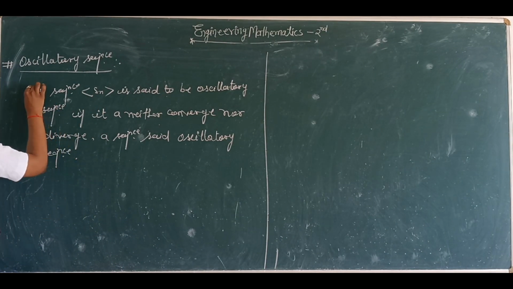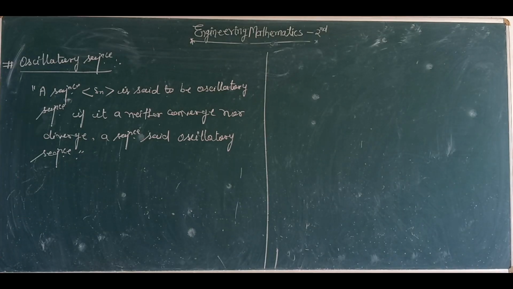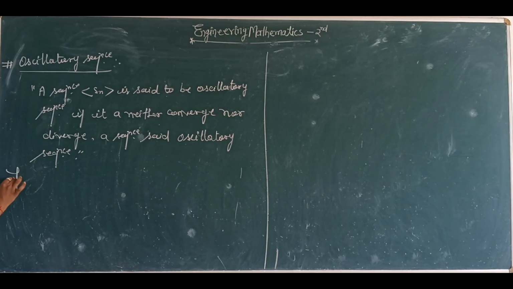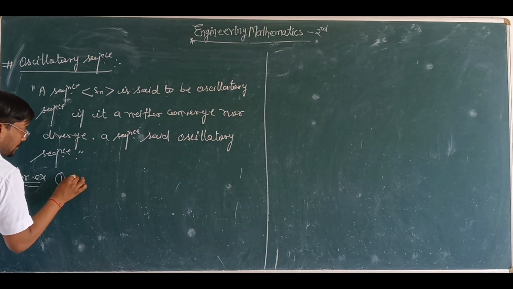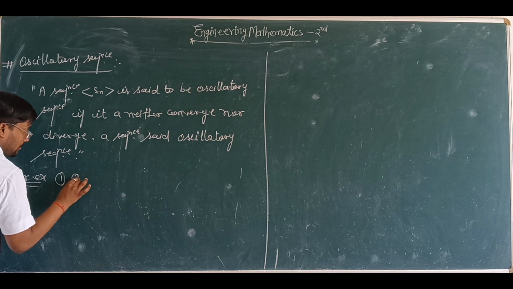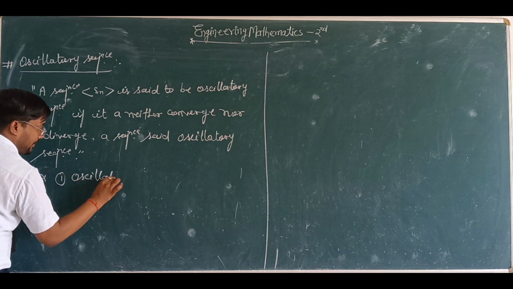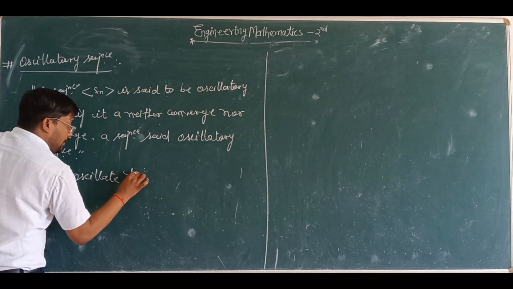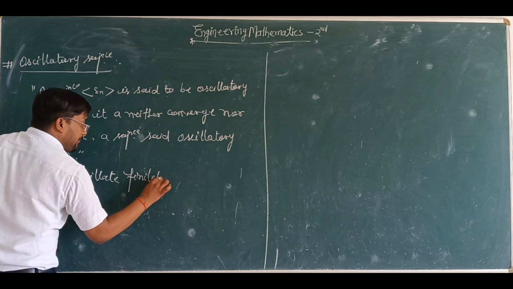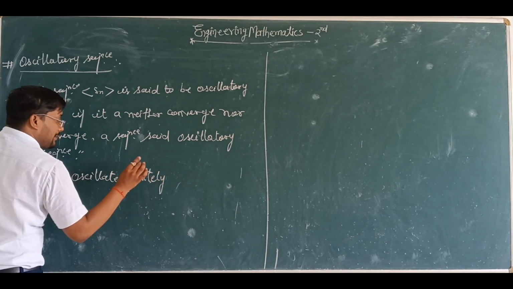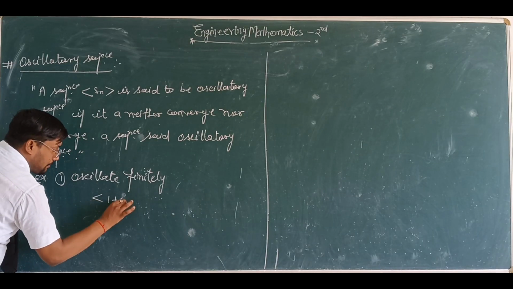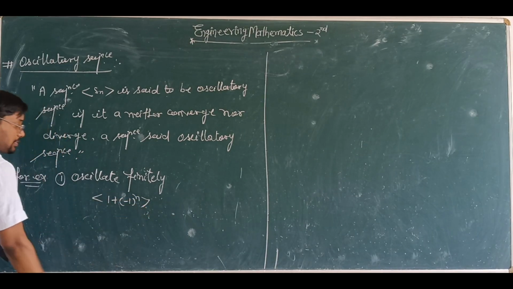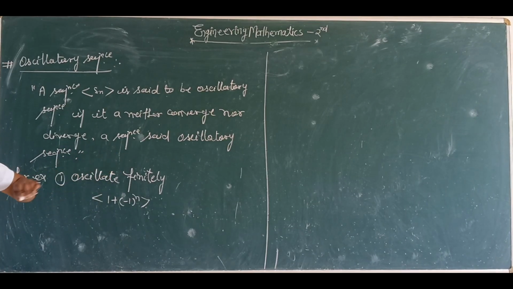There are two types of oscillatory sequence. First is oscillating finitely. You can note down the sequence 1 plus minus 1 to the power n is known as an oscillatory sequence.